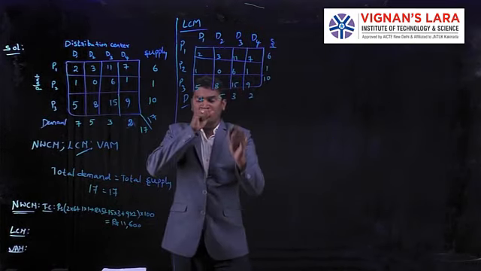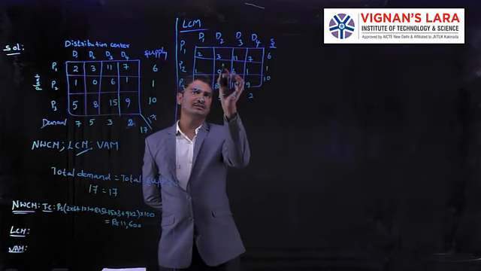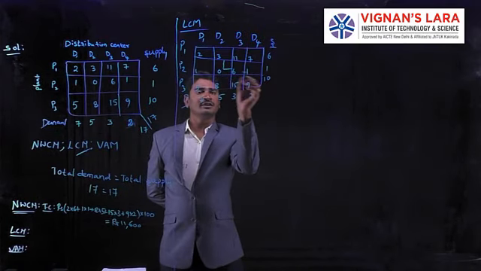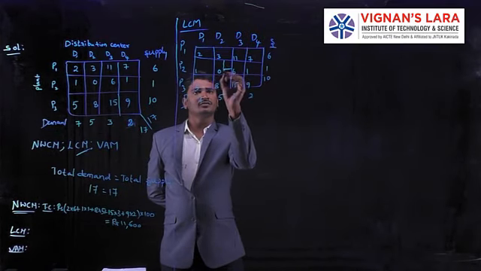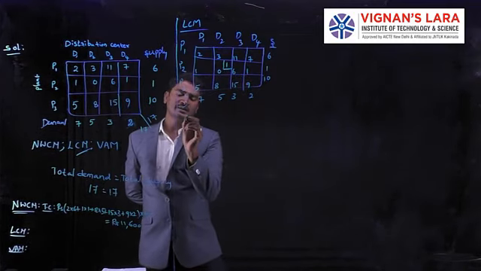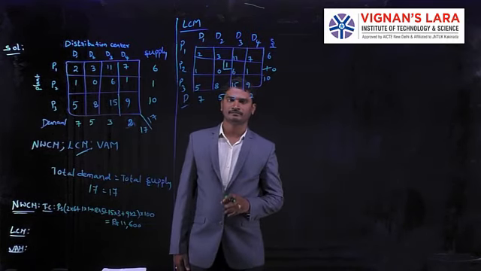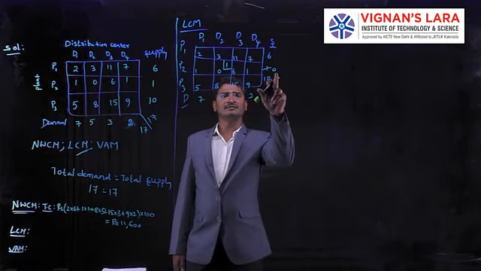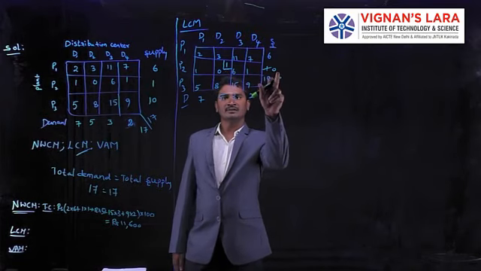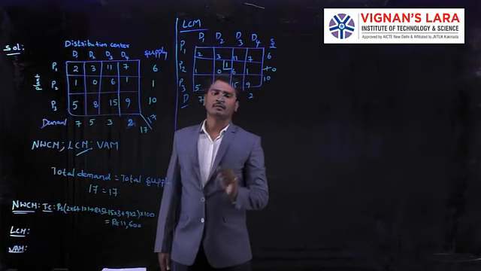Now we are going to identify the least cost from this table. Here 0 is the least cost, so we are allocating 1 unit here. Here the supply is satisfied after supplying the 1 unit, total supply is 0, and here 4 units of demand remain.